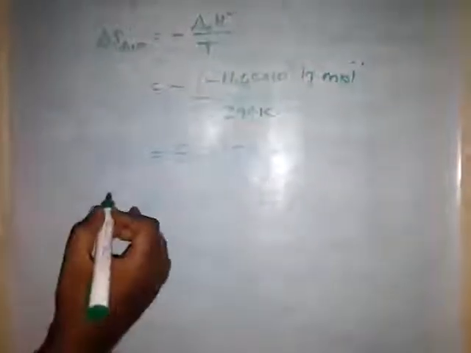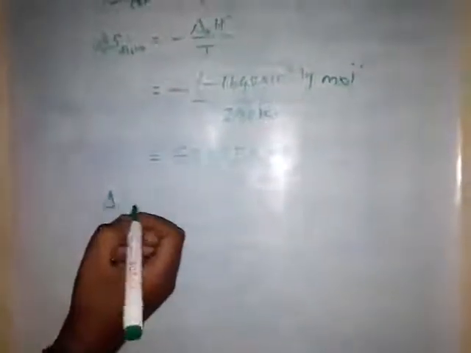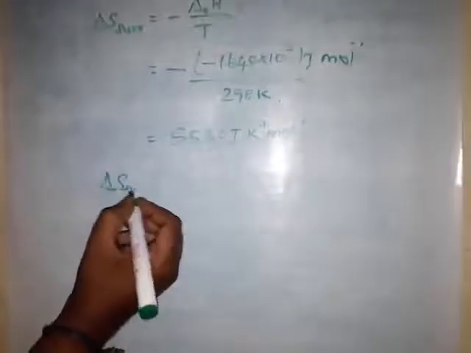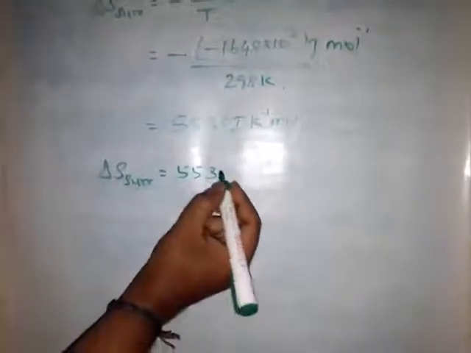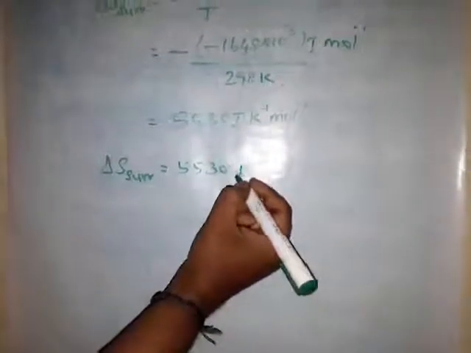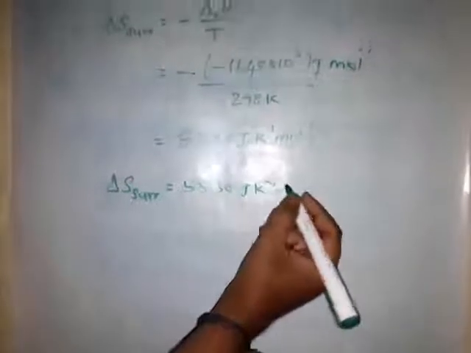Then the total entropy change for the reaction is the entropy change of the system plus delta S for the surroundings, which is 5530 joule Kelvin inverse mole inverse.